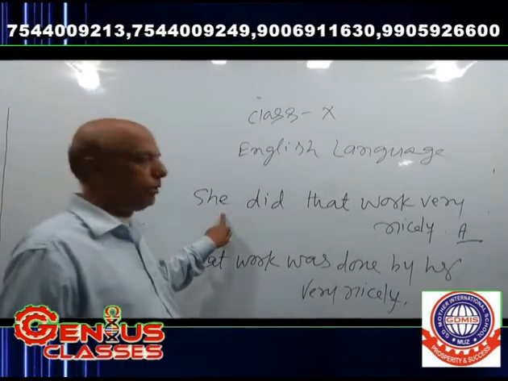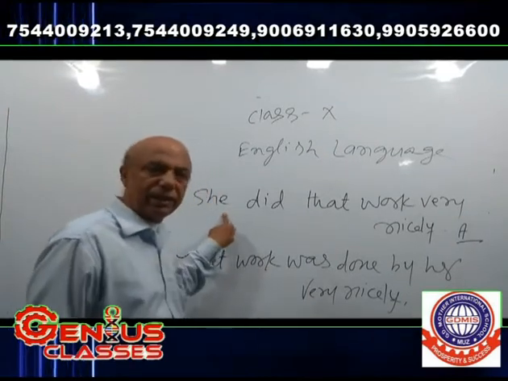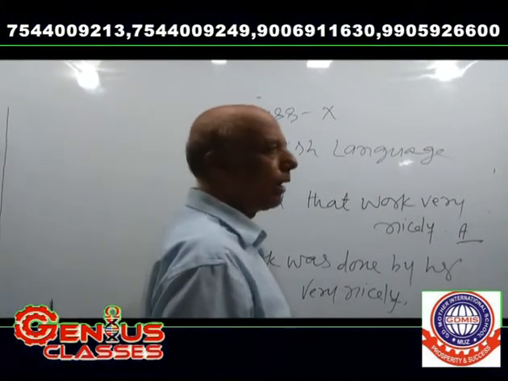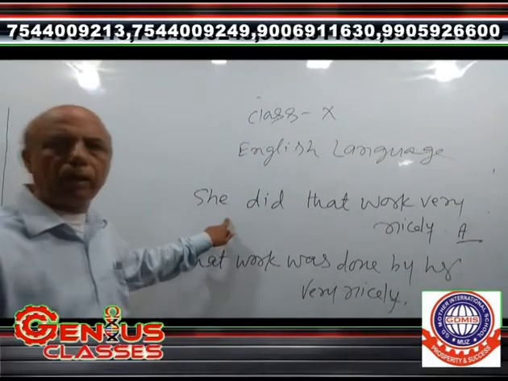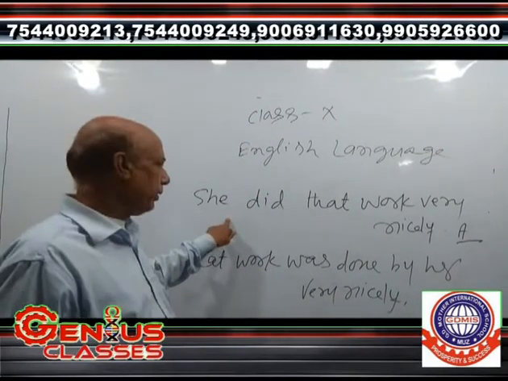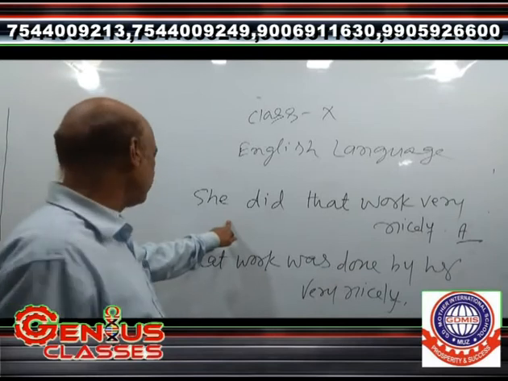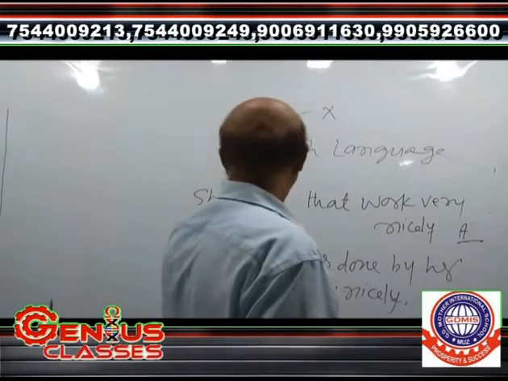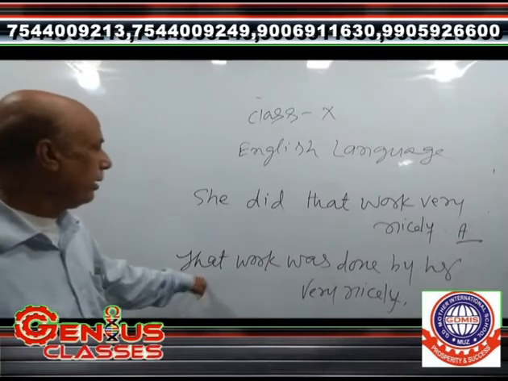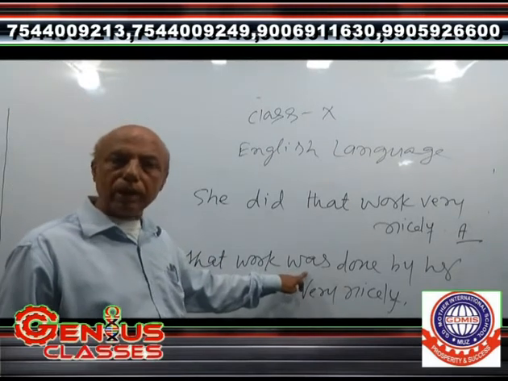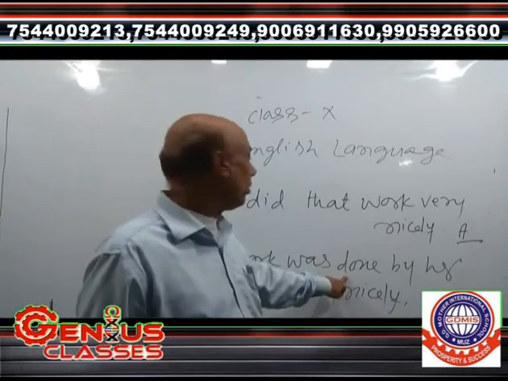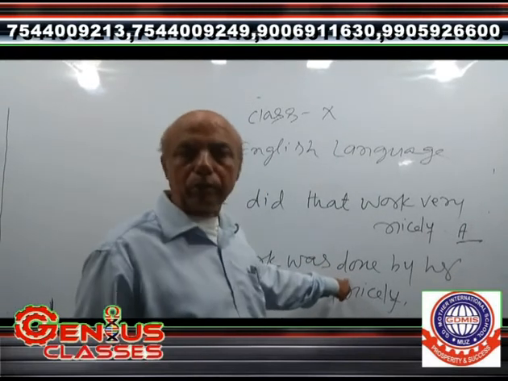This sentence is in simple past and it has been changed from active into passive. In course of changing from active into passive, that word has been written here. Thereafter, was is used in the past tense, and V3 of did is done: do, did, done.